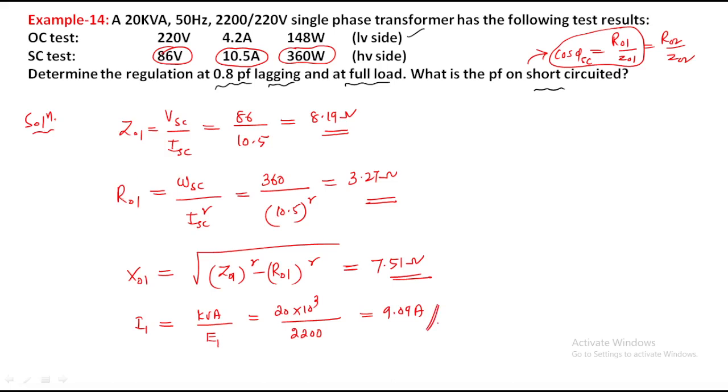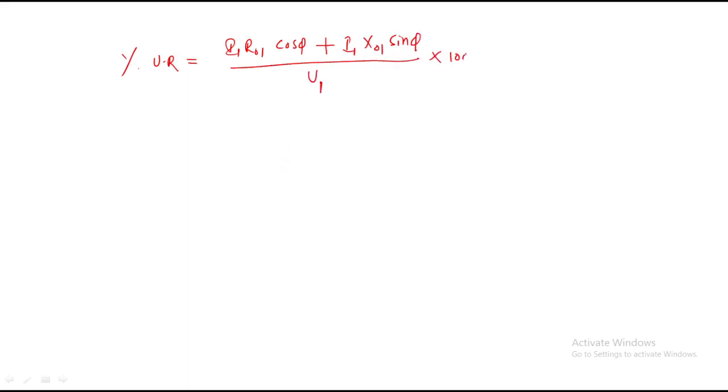Now we have all the data. Percentage voltage regulation equals I1 R01 cos phi plus I1 X01 sin phi, divided by V1 since it is with respect to primary, into 100.